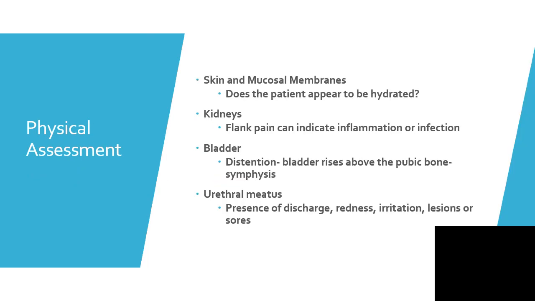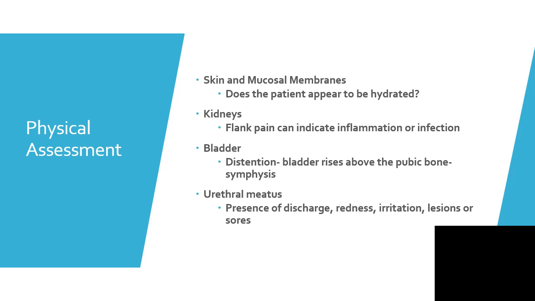So what's involved in the physical assessment as we think about elimination with our patients? First, most basic, we want to look at skin and the mucous membranes. Does the patient appear to be hydrated? Then we want to move down towards the kidneys. If there is flank pain, this can indicate inflammation or infection.